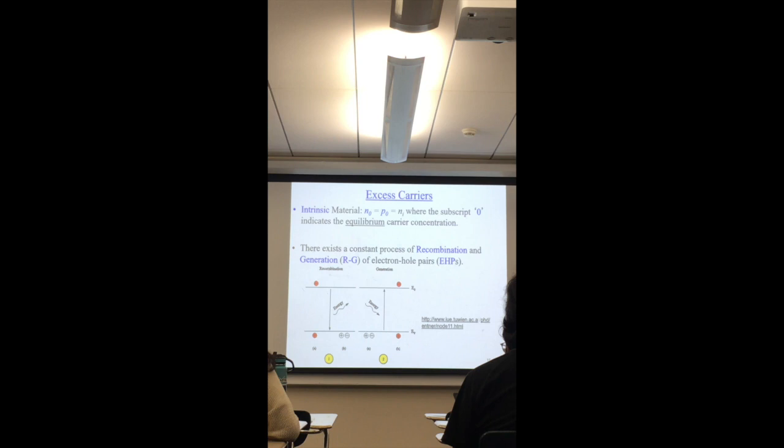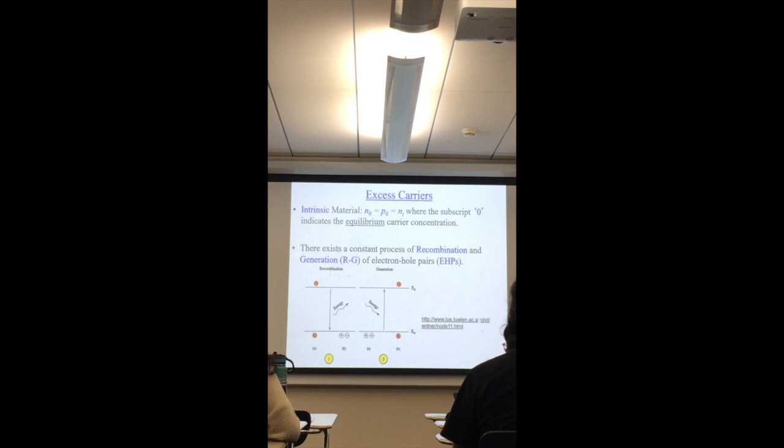Now if we look at this Venn diagram, there exists a constant process of these two: recombination and generation.